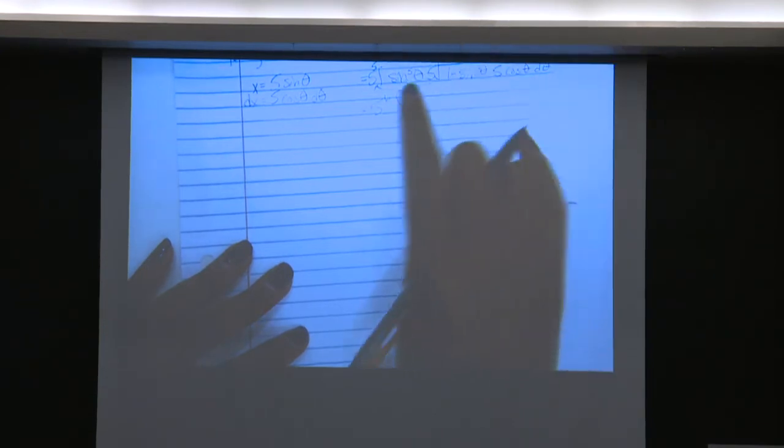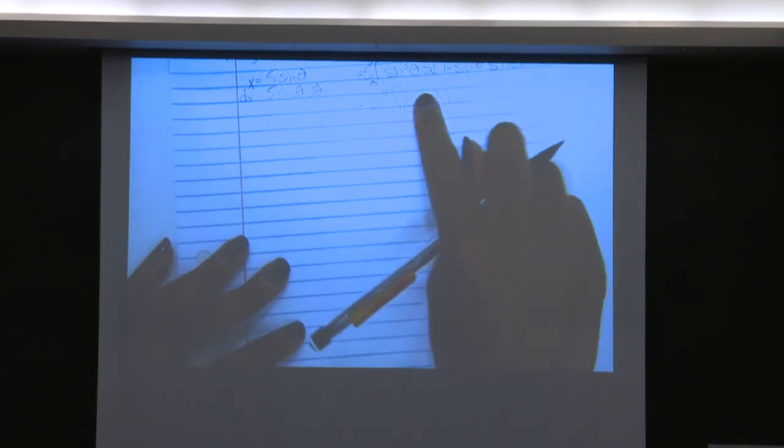I'm going to pull this 5 out over here to give me 5 to the 6th. And I'm also going to pull out this 5 to give me 5 to the 7th. Now what I'm going to do here, please don't get confused by this step. I'm going to pull out one of my sines because I also have another trig identity that can give me something for this sine to the 4th, okay?